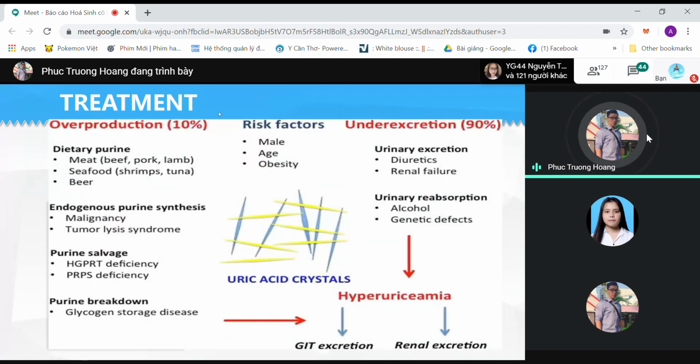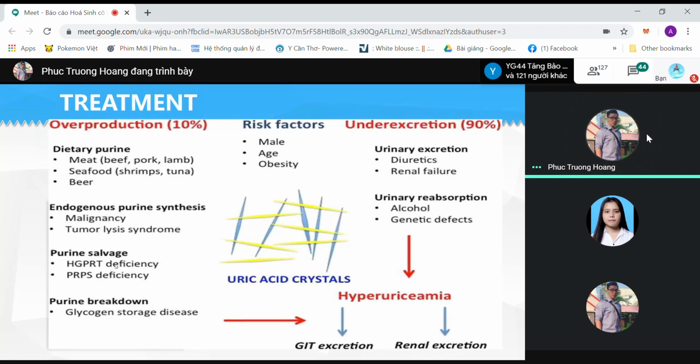There are two causes: maybe overproduction, or maybe underexcretion. Underexcretion makes up a major percentage, about 90%. Overproduction comes from dietary purine from your food like meat, seafood, or beer, endogenous purine synthesis, and malignancy, tumor lysis syndrome, which was mentioned before.